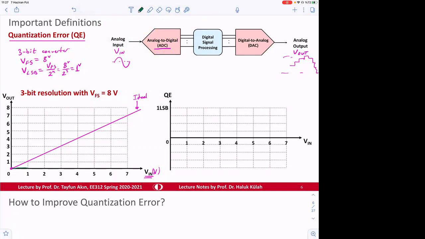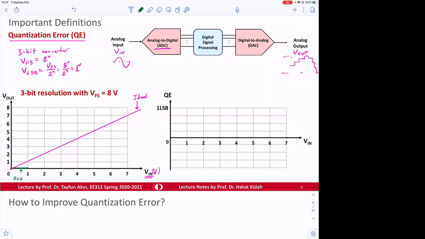Up to here, it depends on how you make that transition, the critical thing is between 0 up to 1 volt. This is going to be called 0, 0, 0. So at the output of the digital to analog converter, the output is going to be 0.